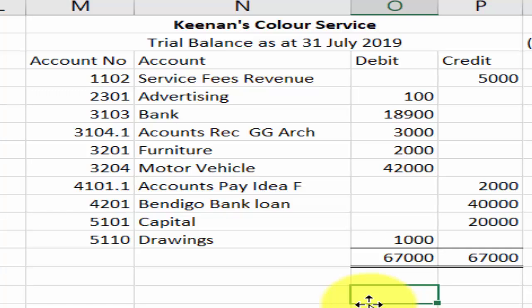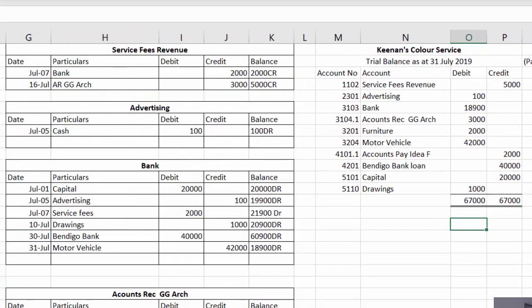Now there are some instances where I can still get a balancing figure where the two sides are the same, but there can still be a mistake, and that's given to you on page 58. I can still get equal totals if, for example, I have missed a whole transaction.